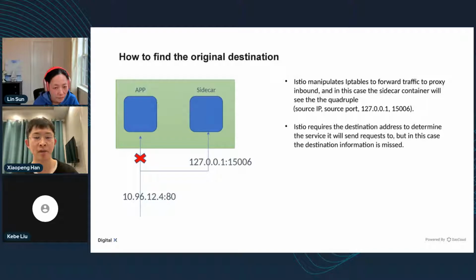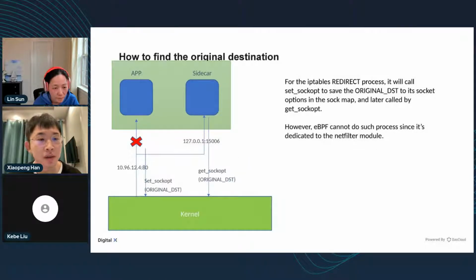iptables actually uses two functions that help the redirection. It uses the set sock option function to save the original destination to the sock hash map and later retrieves it by calling the get sock option function. But actually, I may recall it in the next slide.